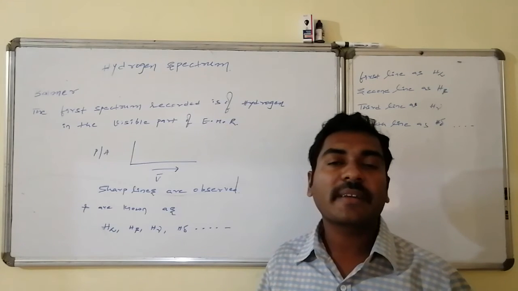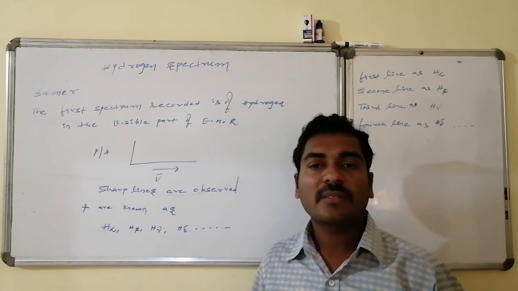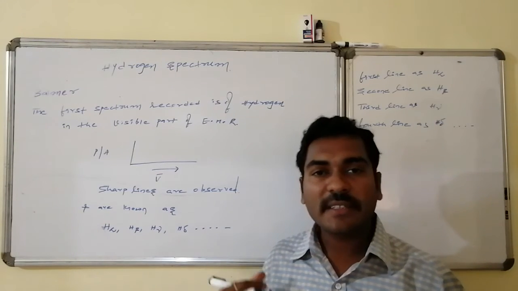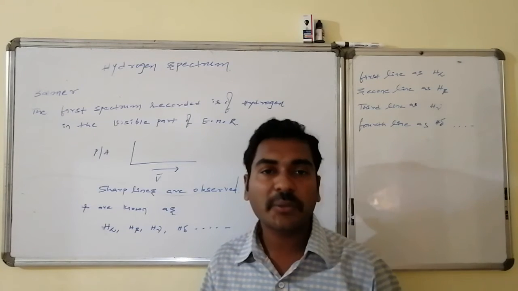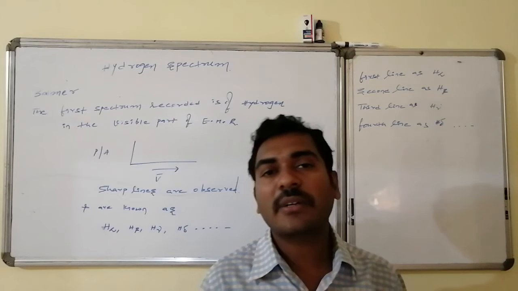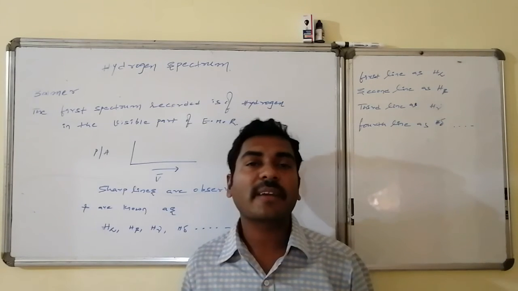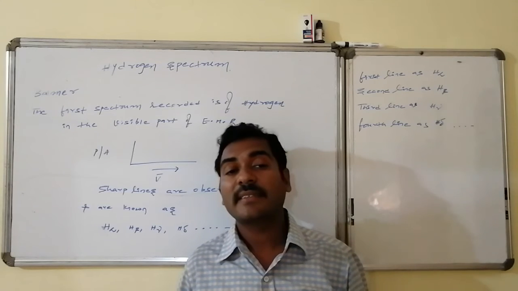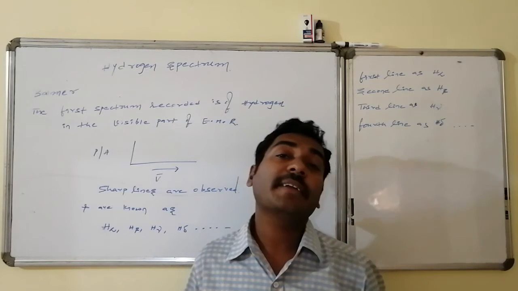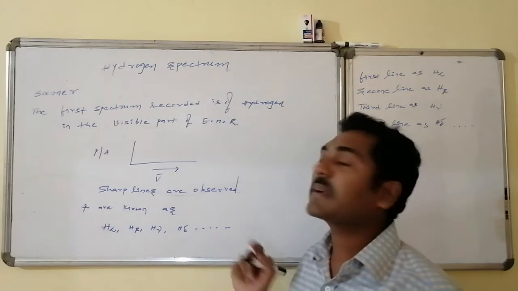When the electromagnetic radiation of the visible part falls over the hydrogen atoms, some part of the electromagnetic radiation is taken by the hydrogen atom and it undergoes excitation. It stays in the excited state for a short period of time. Then it re-emits the absorbed electromagnetic radiation, and this re-emitted electromagnetic radiation is sensed by the optical spectrometer, and it appears in the form of spectrum.